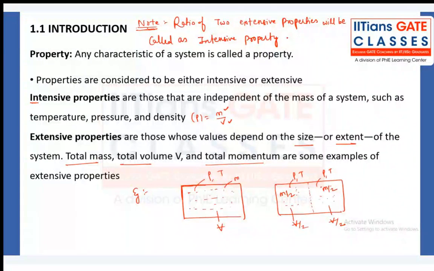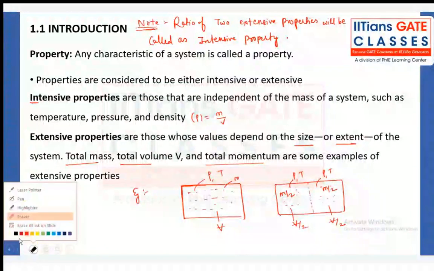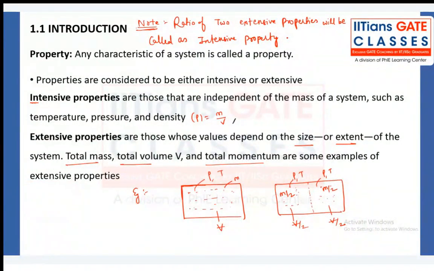Can you give me some other examples of intensive properties? If I write down viscosity, it is a fluid property. Again, it does not depend on the mass or size of the system.